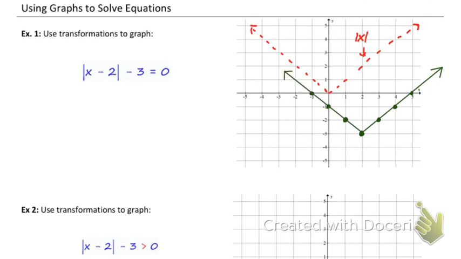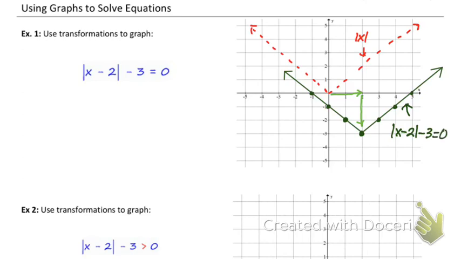So that is, once again, over 2, down 3. That is our new graph, our absolute value of x minus 2 minus 3 equals 0.